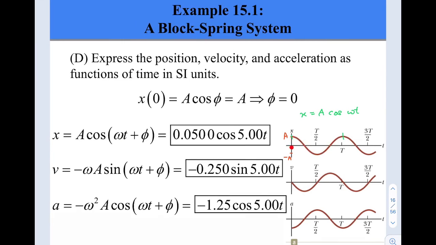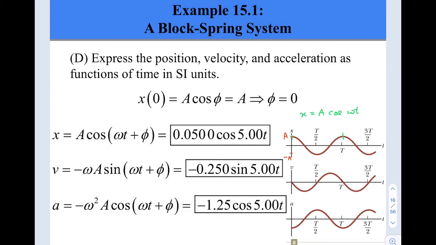Of course, you have no leading or lagging, right? So that is why there is no phi. In simple terms, that is how to know that the phi is 0. So when you have this, substitute all the information already calculated in previous parts, where A is this value and your omega is this value.